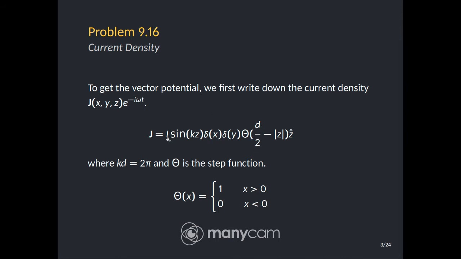I is the peak value of the current, and sine kz is the sinusoidal oscillation in our antenna, with the constraint that kd is equal to 2 pi.